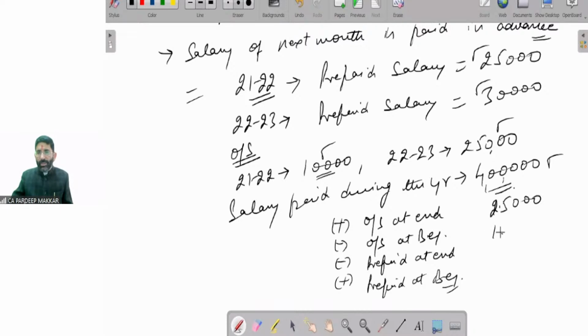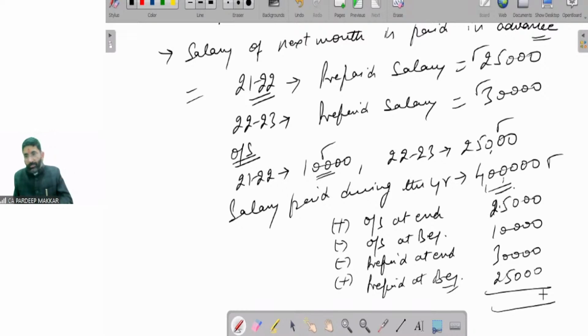This is 10,000 rupees, which is to be deducted. Then prepaid at the end is 30,000 rupees. Prepaid at beginning is 25,000 rupees. So get the amount, this will be your answer. Check it out whether you have done correctly or not. Check kar lo bhai.